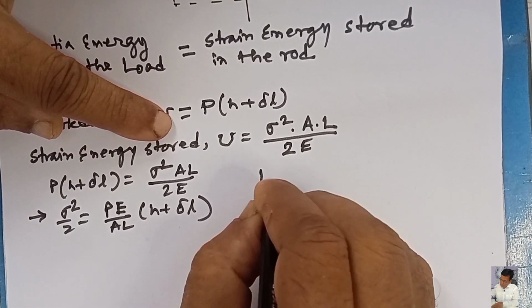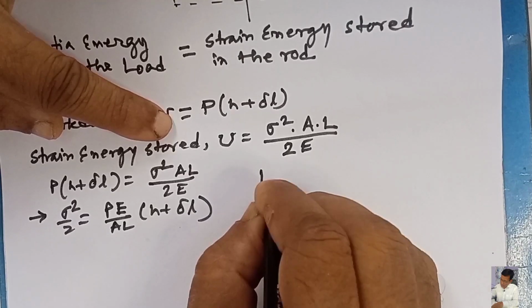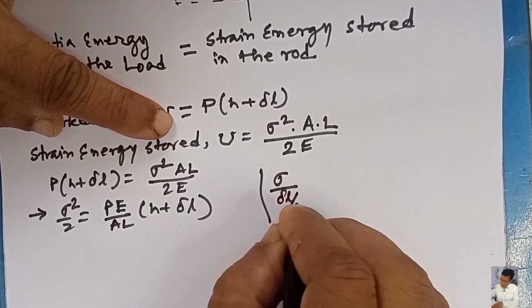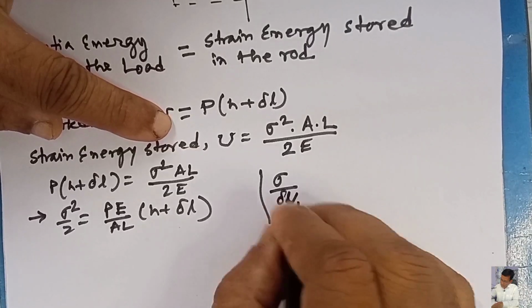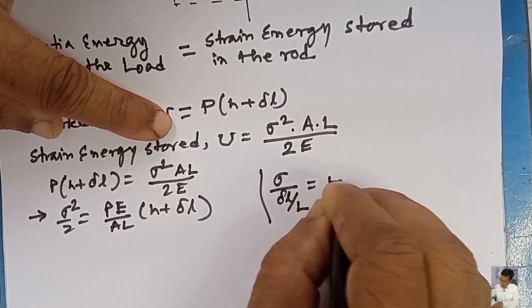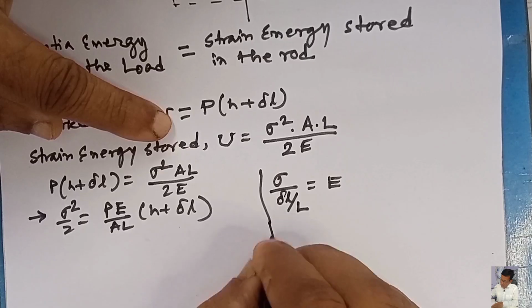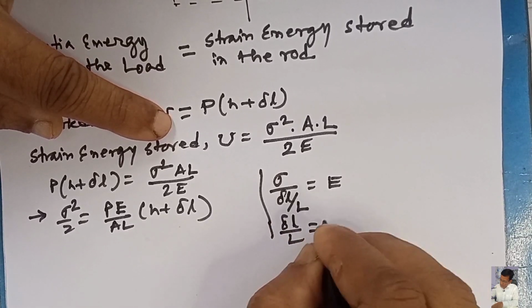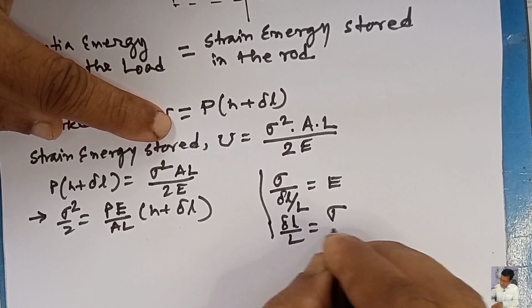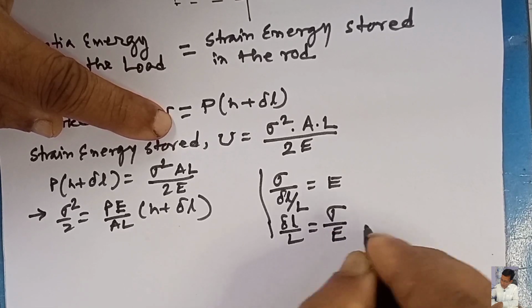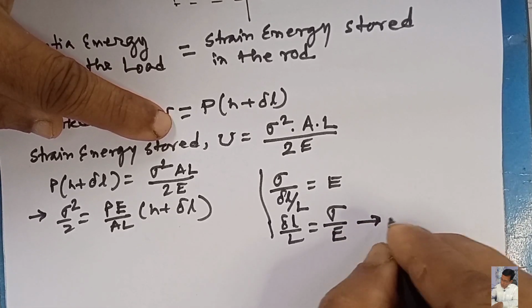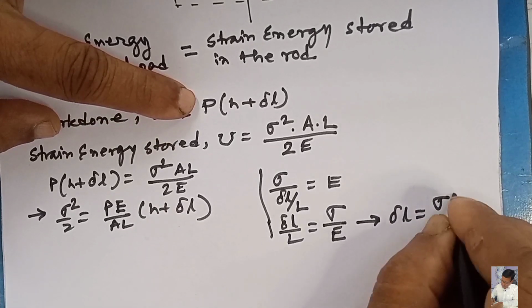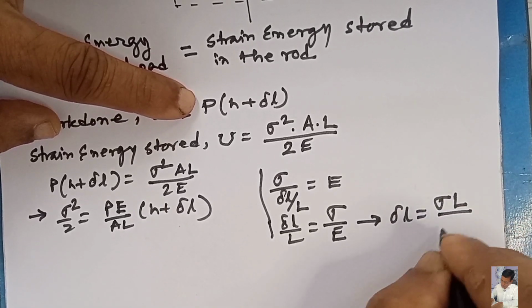Again, stress divided by strain, sigma by del L by L, is equal to E. Del L by L is equal to sigma by E, or del L is equal to sigma L divided by E.